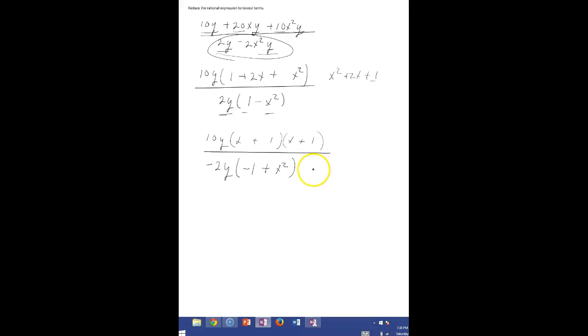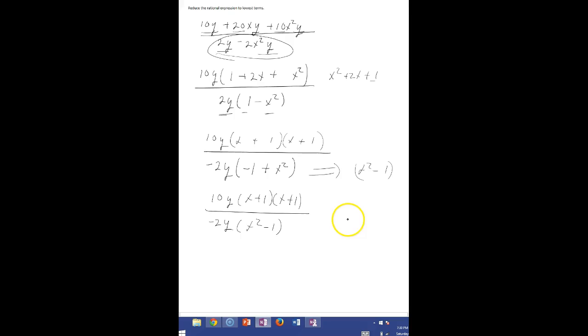And if we rewrite this over the side here, this is the same thing as x squared minus 1, which is kind of how we normally see it. So bring this all down, it'd be 10y times x plus 1 times x plus 1, all divided by negative 2y times x squared minus 1.